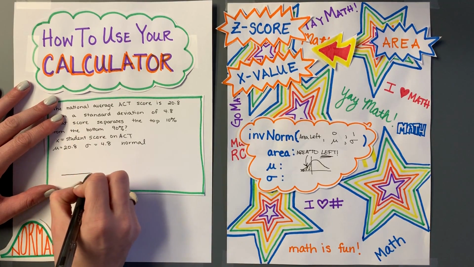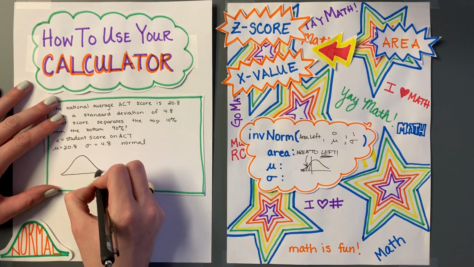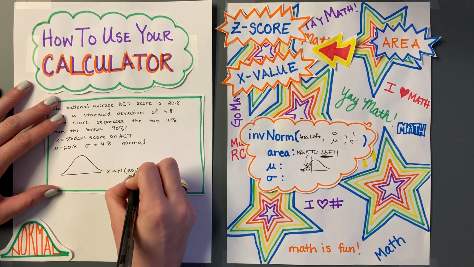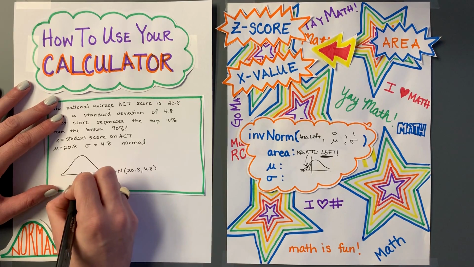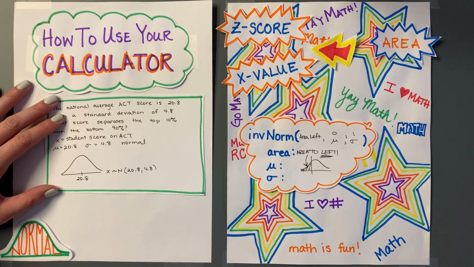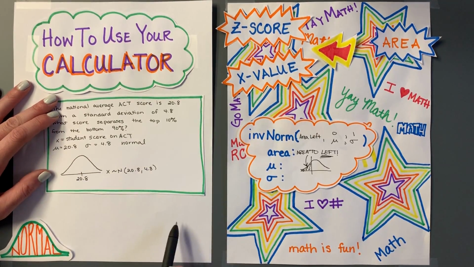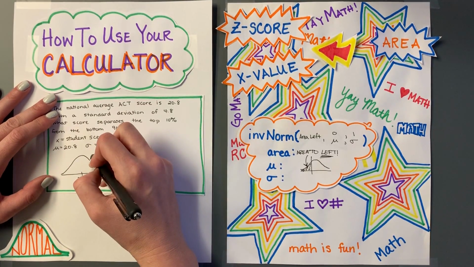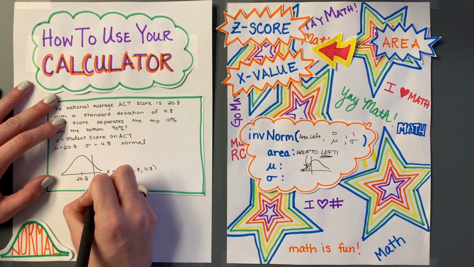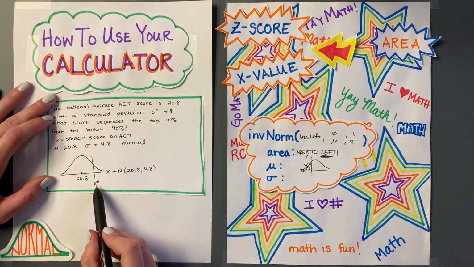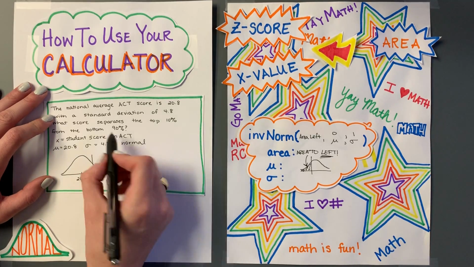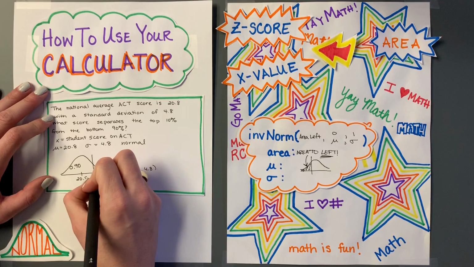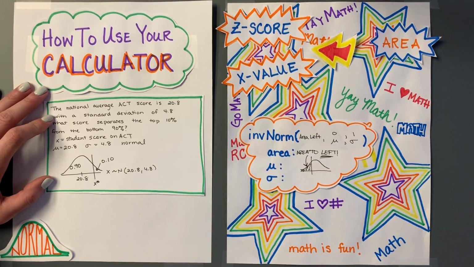I'm now going to draw my normal model. Remember, I am labeling it completely. This is a fully labeled normal distribution, and now I am going to draw on it. So I am looking for the score that separates the bottom 90%, so that's an area of 0.9, from the top 10%.